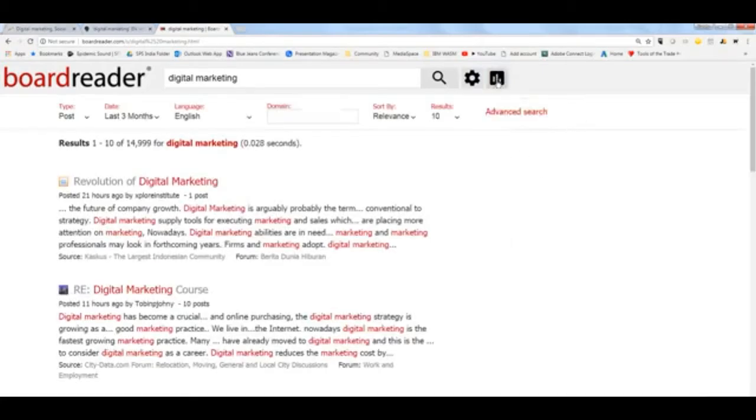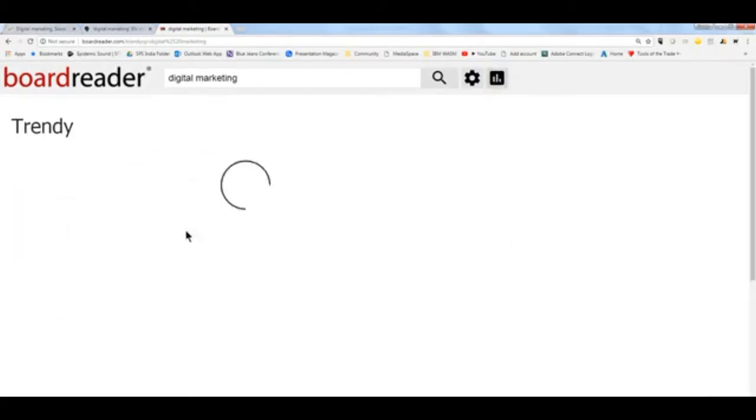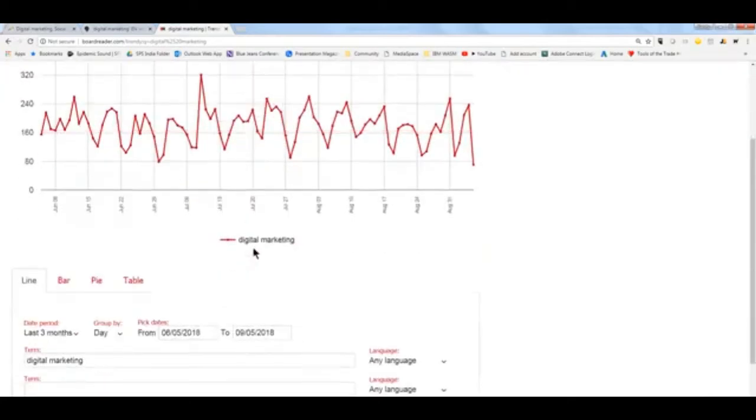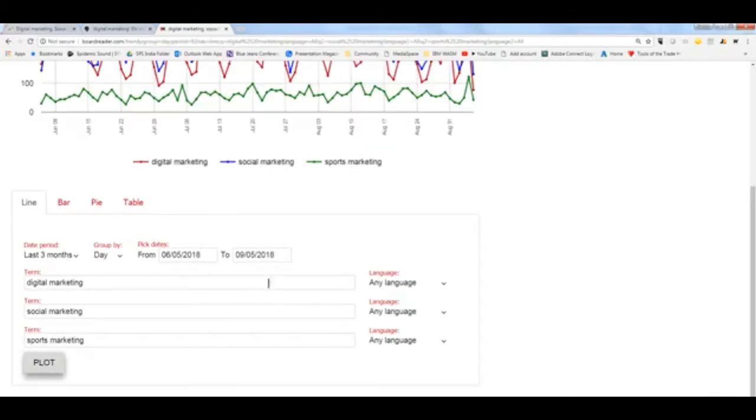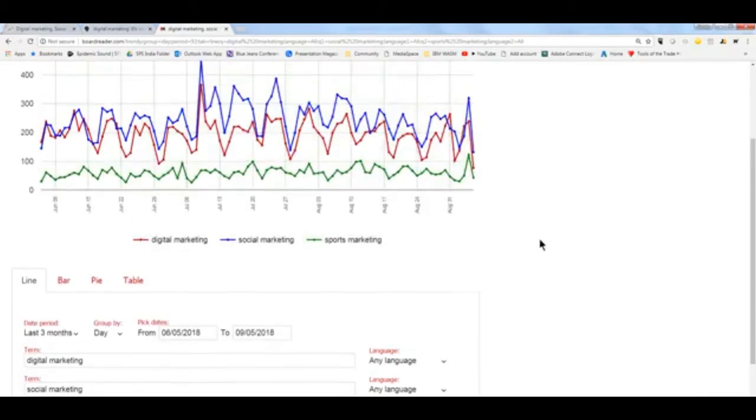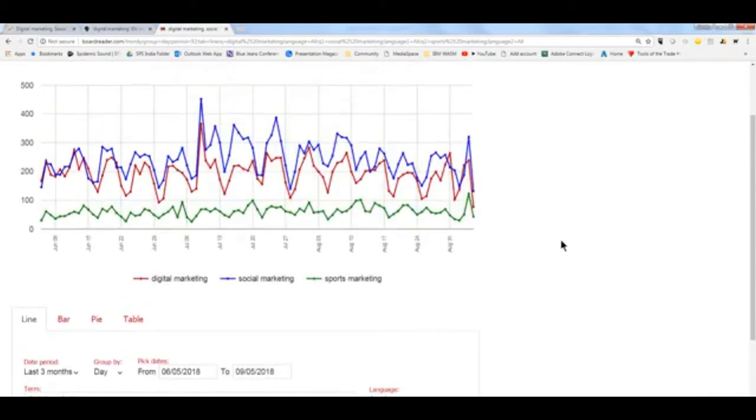I can also click on the little graphic here, and if I want, I can say now, digital marketing, let's compare that to social marketing. And let's do sports marketing. And for the given time period, it will plot all three.